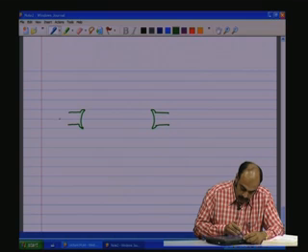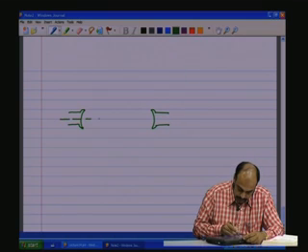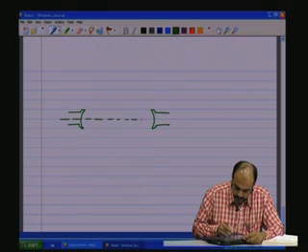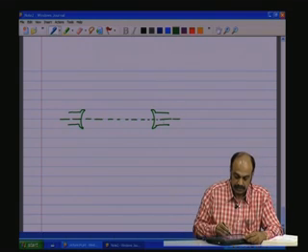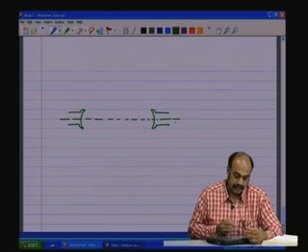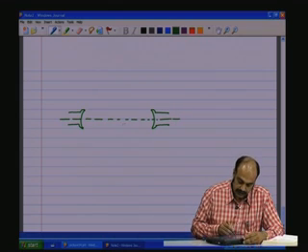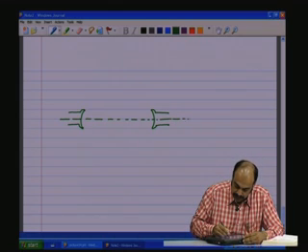So, let me call this one axis. Let us say this is the horizontal axis. This pole set is at 0 degrees with respect to the reference axis. So, this is the reference axis in space. Okay, this is spatial.